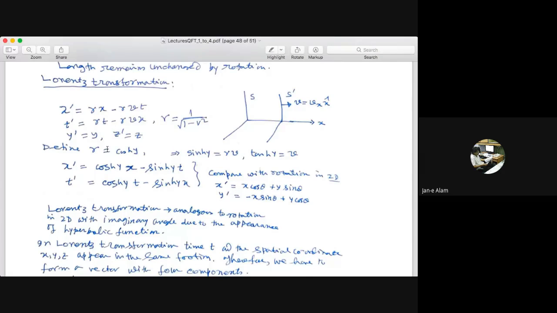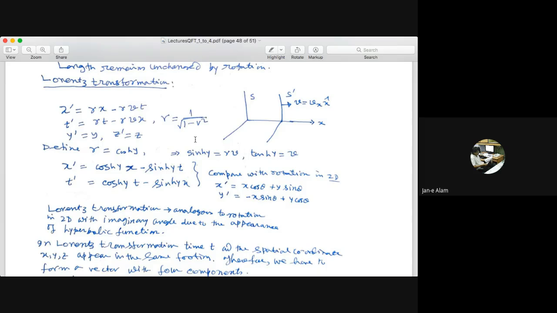And if gamma is cosh y, you can immediately use the relation cosh squared minus sinh squared is 1, and find that sinh y is gamma times the velocity v. Then if you take the ratio of these 2, you get tanh y, which is simply the velocity v.